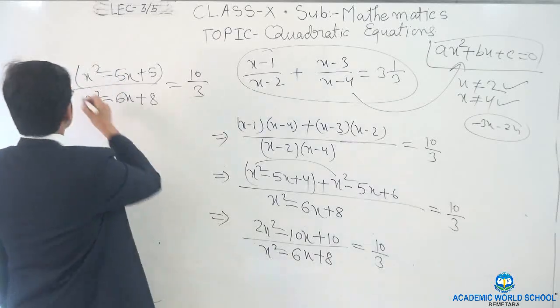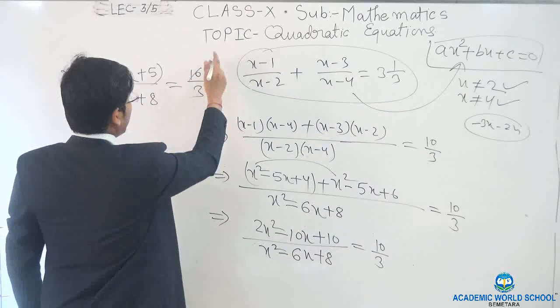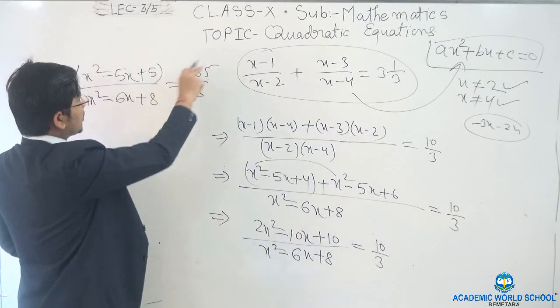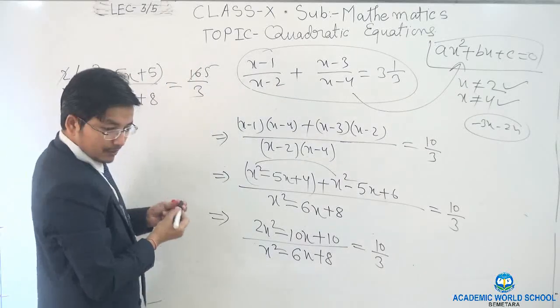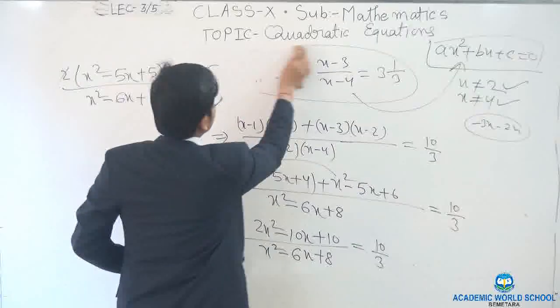So I can write this as 2 and 2 factors, so this will be 5 upon 3. Now we are going to do the cross multiplication. I am going to solve here only.